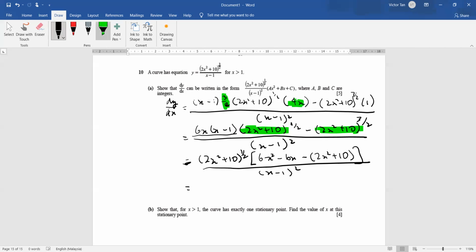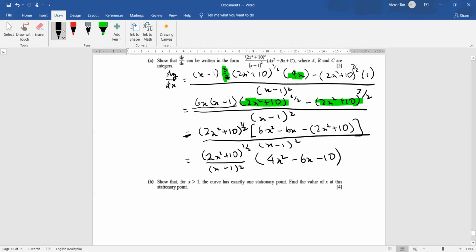I'm going to take these two terms out. That's what the question wants. Okay, so this is 2x squared plus 10 to the power half over x minus 1 squared. And I'm going to simplify here, which will give you the answer for A, B, and C. So 6x squared minus 2x squared is 4x squared minus 6x minus 10. That's the answer.